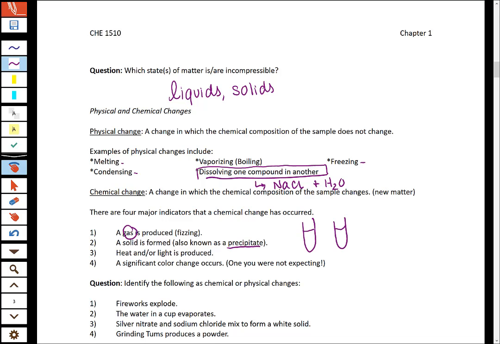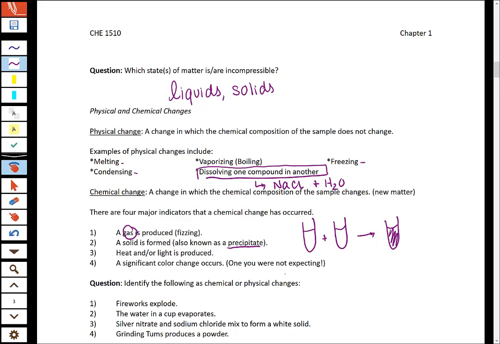They're both filled with clear, colorless liquids. You add them together and all of a sudden you have a purple liquid, or you have something that looks like there's solid particles in there, or you have something that looks cloudy. That's definitely a chemical change.